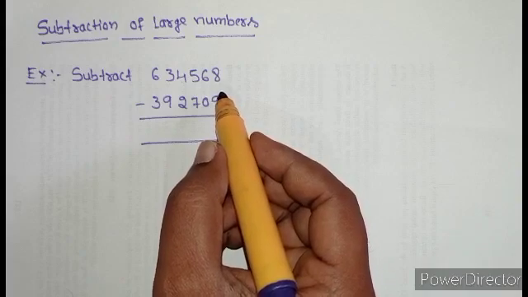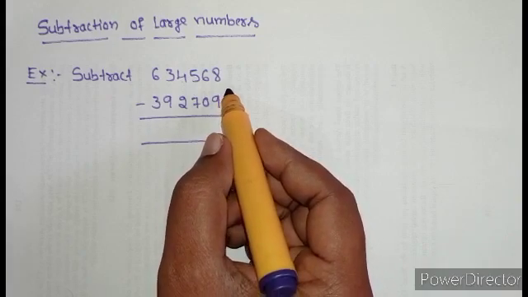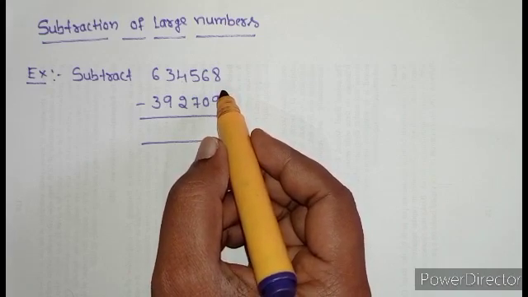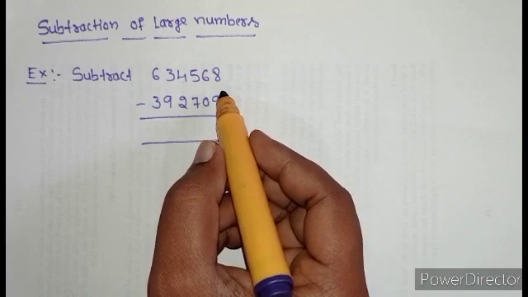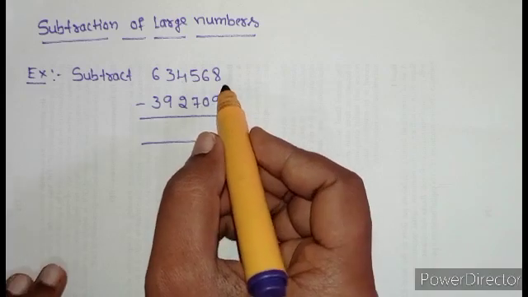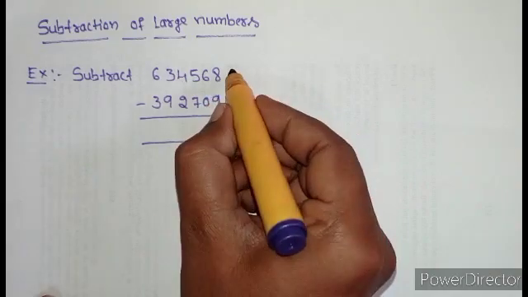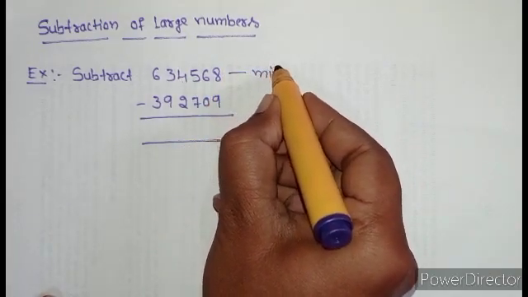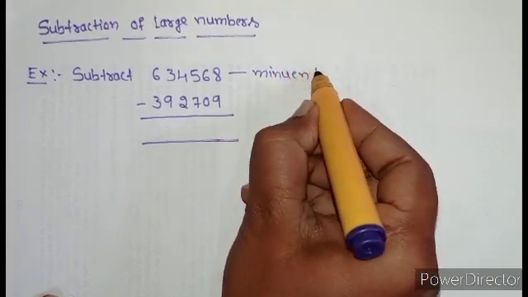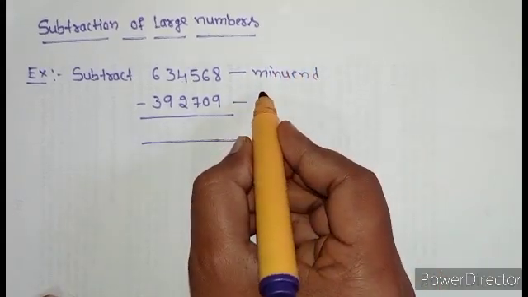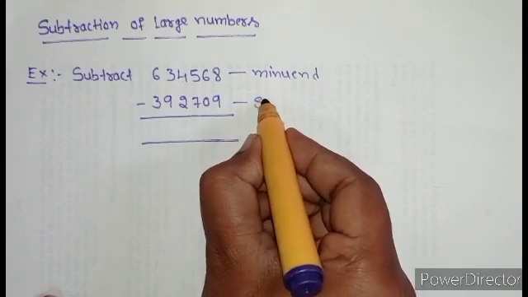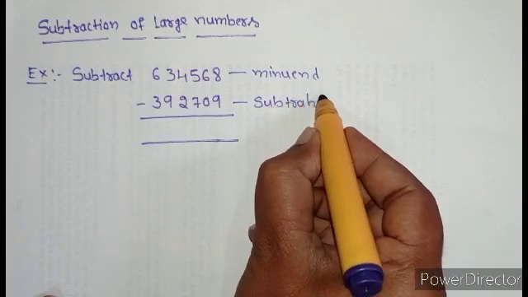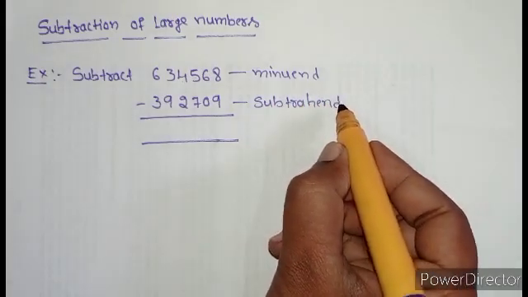To subtract large numbers we should follow some steps. First we need to arrange the minuend and subtrahend. Here they were already given. This is the minuend, and this is the subtrahend.